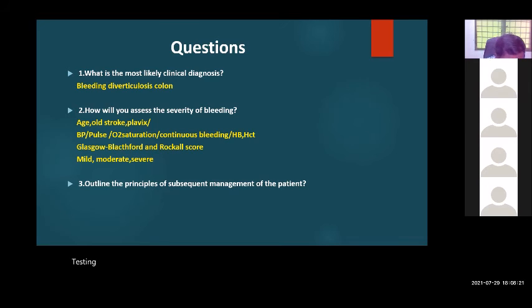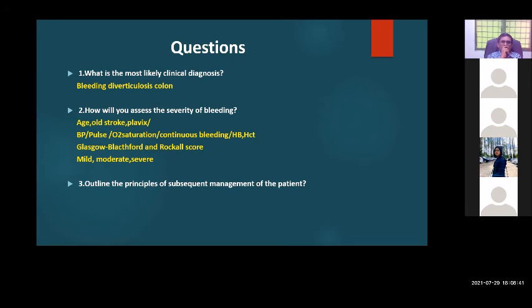Okay, now we go to Teo Siu Hei, the last one. Year 5 must look at the management. Outline the principles of subsequent management of this patient. First, depending on the severity of the bleeding.